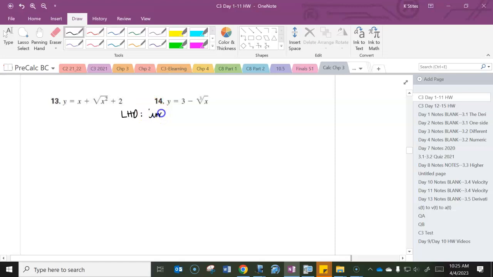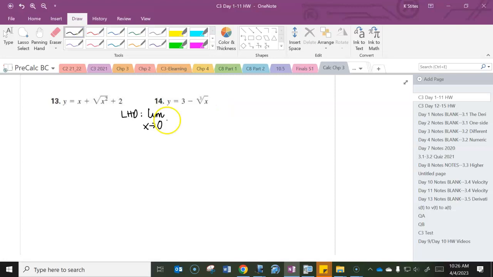So that's the limit as x approaches, and this would be 0. And I know it's 0 because underneath here, this is just an x, and so the issue is going to occur at x equals 0. If it was x minus 2, then you know you would have an issue at x equals 2.